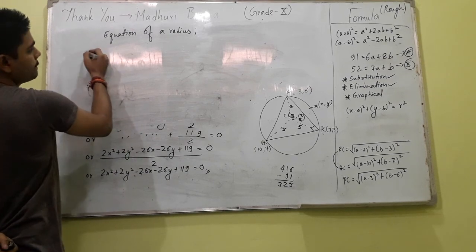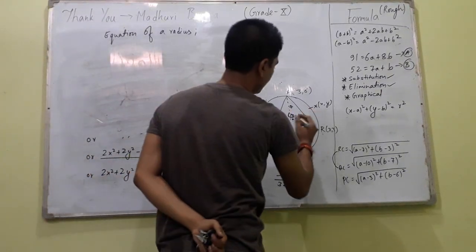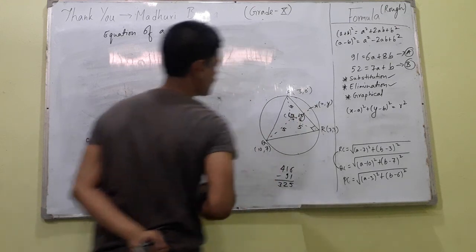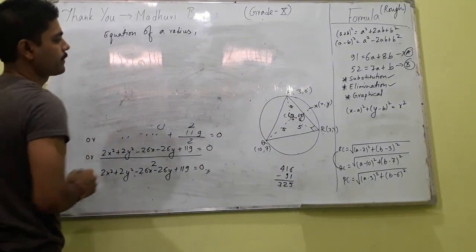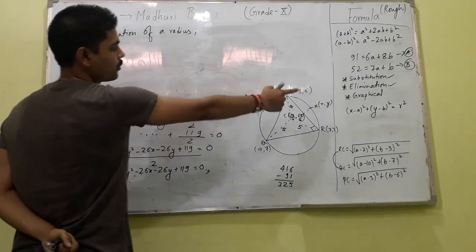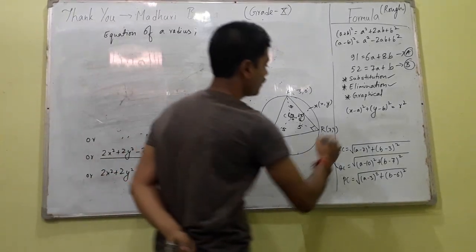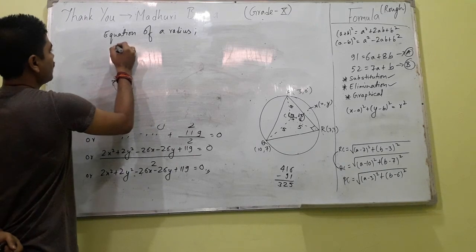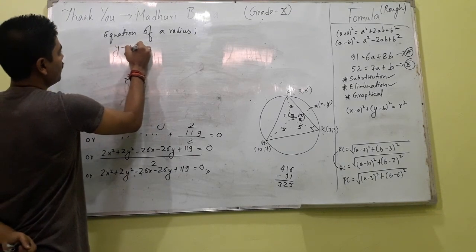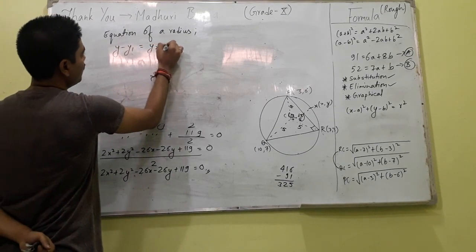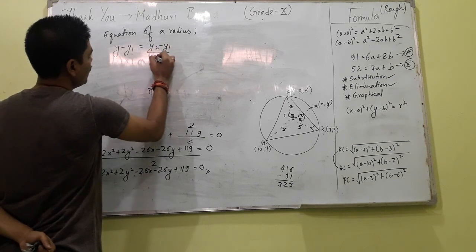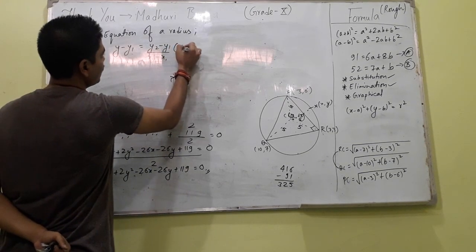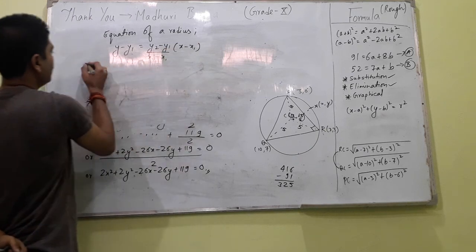That is points C and R. I have written the formula of the equation of a line directly right here. y minus y1 equals to (y2 minus y1) upon (x2 minus x1) into (x minus x1).